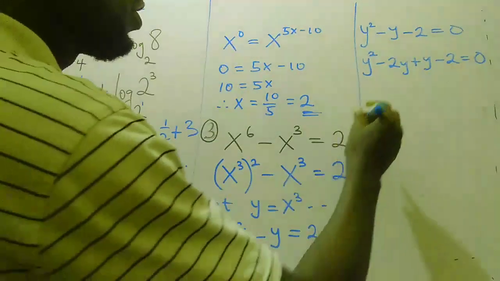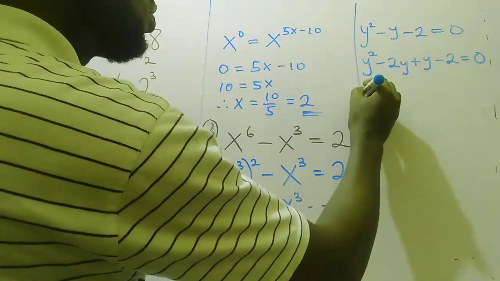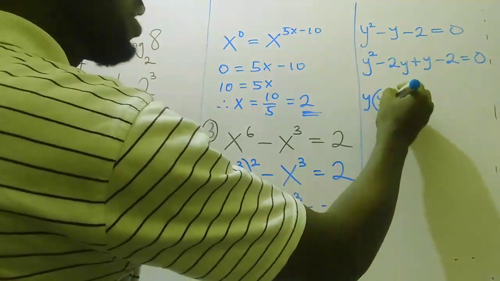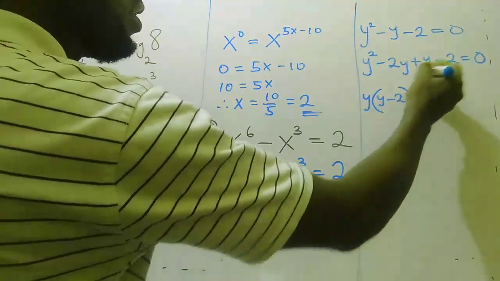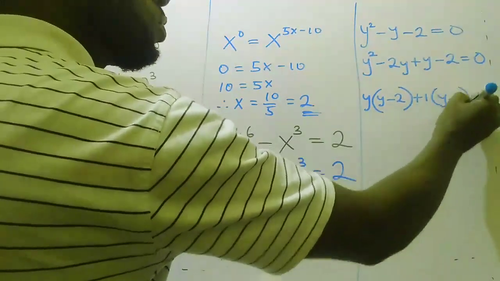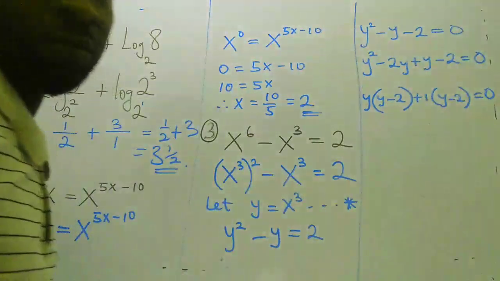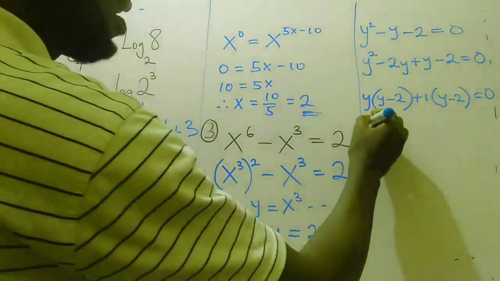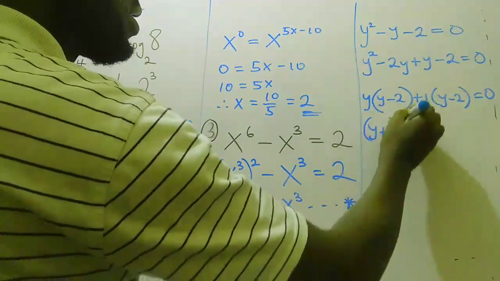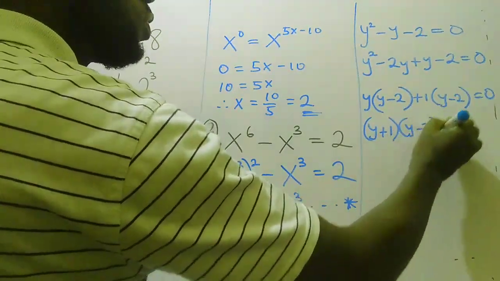Okay, so when we group them in twos, I'll be having y into y minus 2. Here, what is common is 1, which is y minus 2, equal to 0. And so I'll be having that y plus 1 bracket y minus 2 is equal to 0.